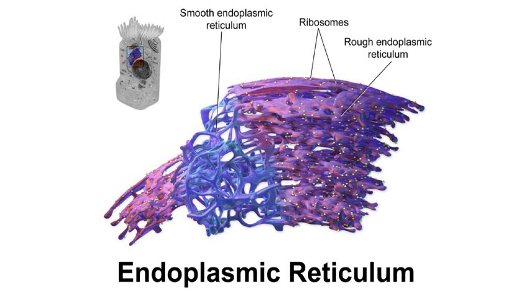So first of all, I would like to remind you that inside eukaryotic cells, the ER is really spreading across the entire cytoplasm of a cell, and it is basically composed of two parts.